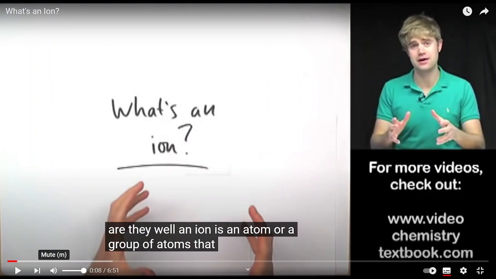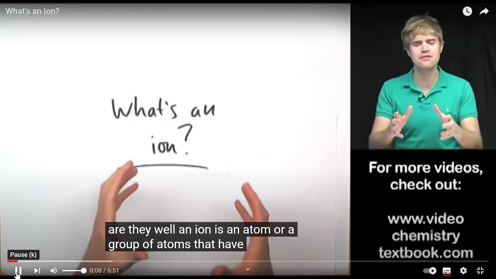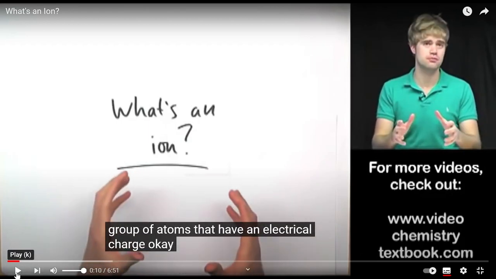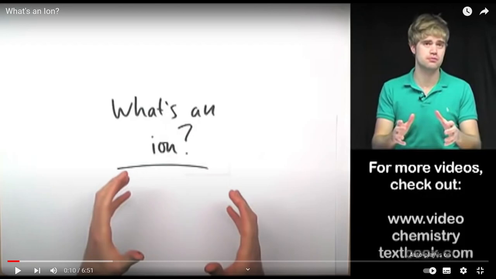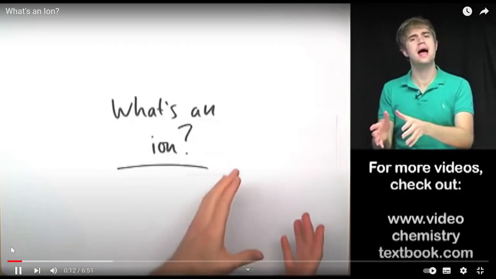An ion is an atom or a group of atoms that have an electrical charge. Okay, that's all it is. Now, how does this happen?